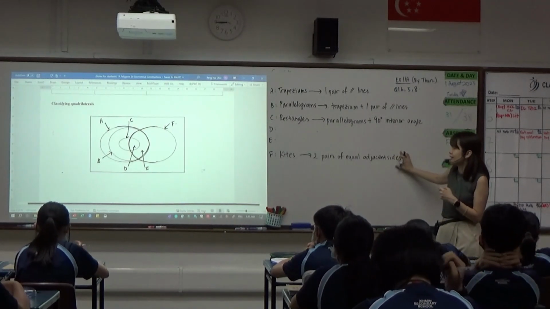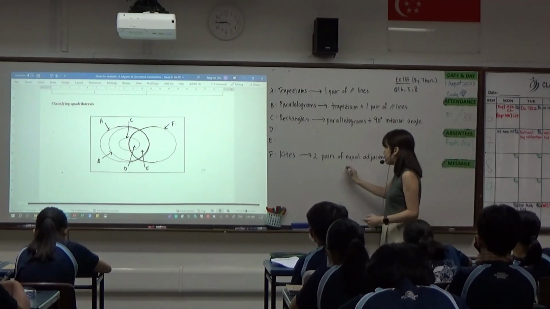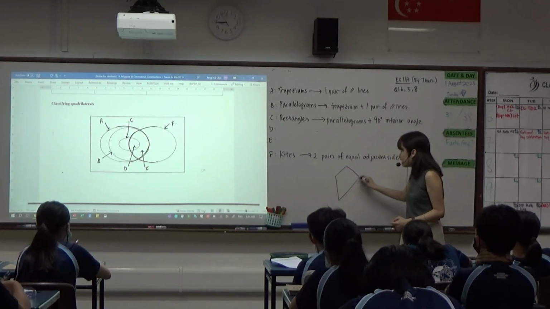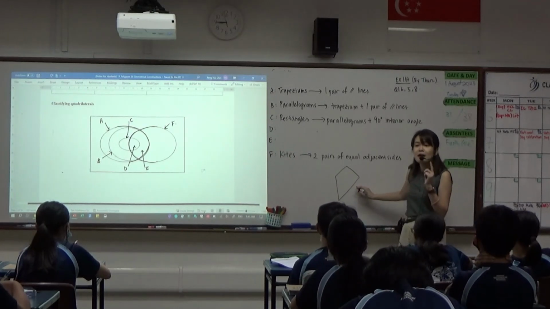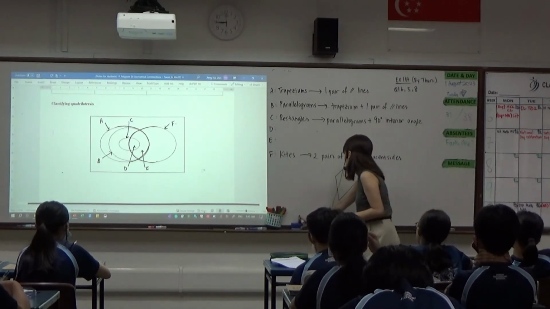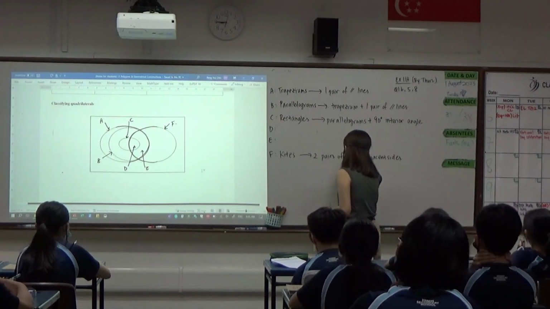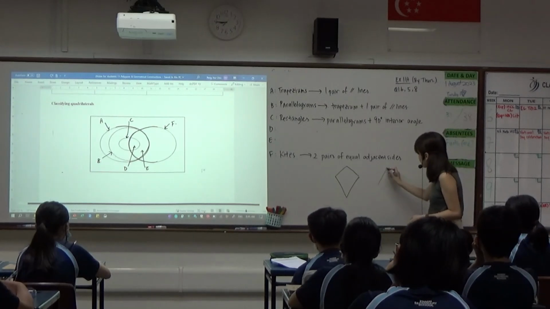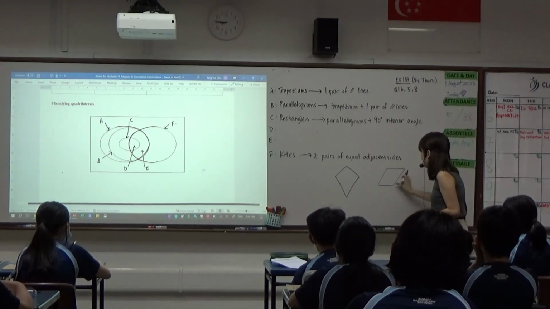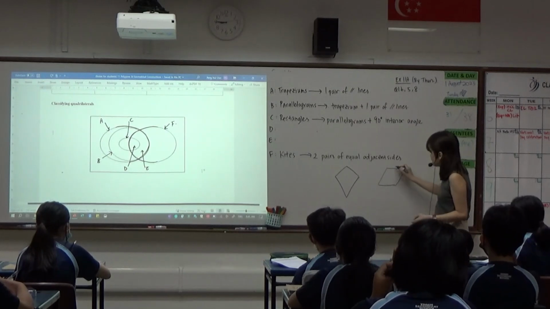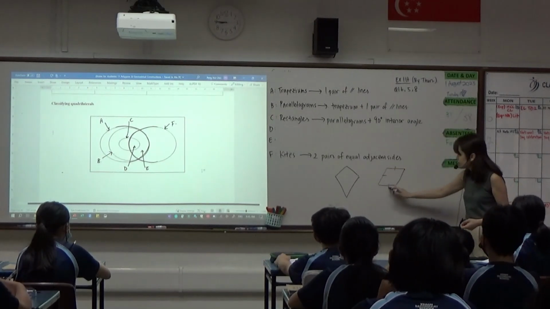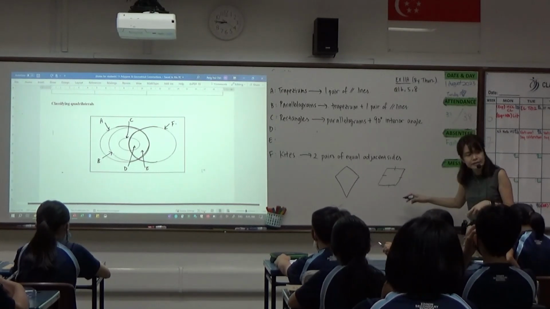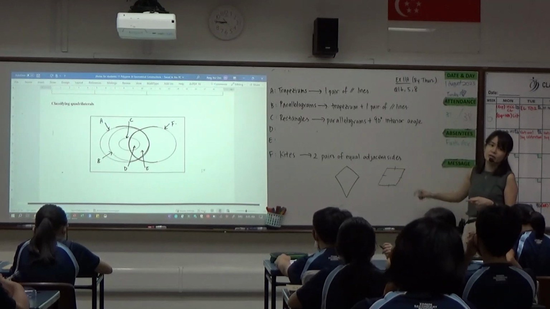Kites, we know that there must be two pairs of equal adjacent sides. That means on a side-by-side basis they are equal, and then on a side-by-side basis they are equal. But for rhombuses, let me draw it better. For my rhombuses, do we agree that on a side-by-side basis, this side and this side are equal, and this side and this side are equal? So a rhombus is actually a special kite because all four sides are equal in length.